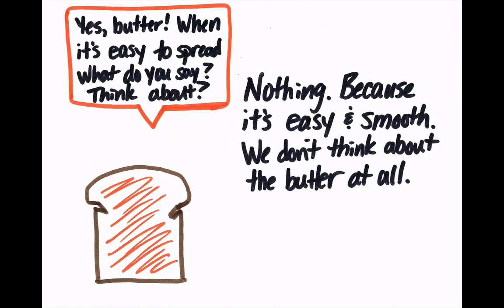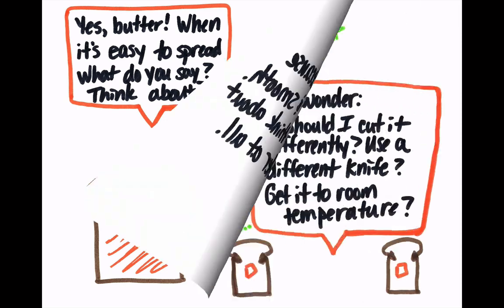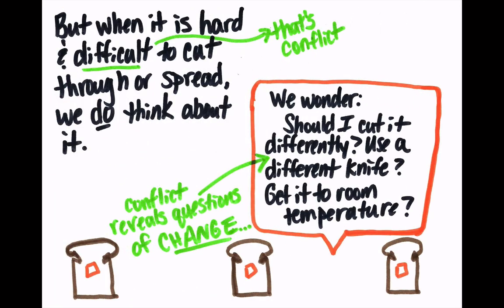And this is why. When you try to spread butter on a piece of toast, and it's really easy to spread, we don't think about the butter at all, right? Because it is easy and smooth. When there is no conflict, we just carry on and we don't ever really pause. This is what conflict does. It makes us pause.